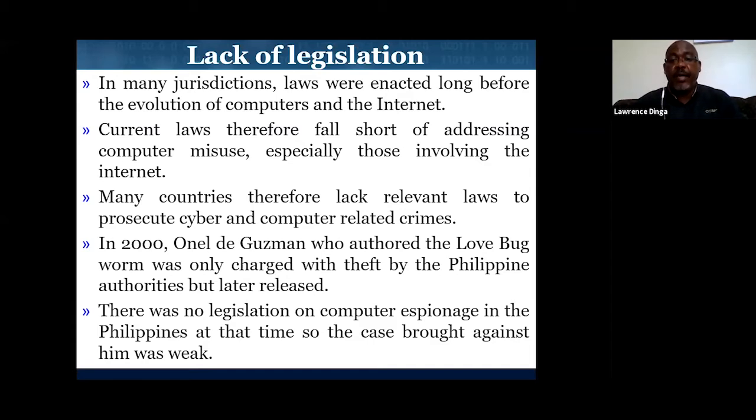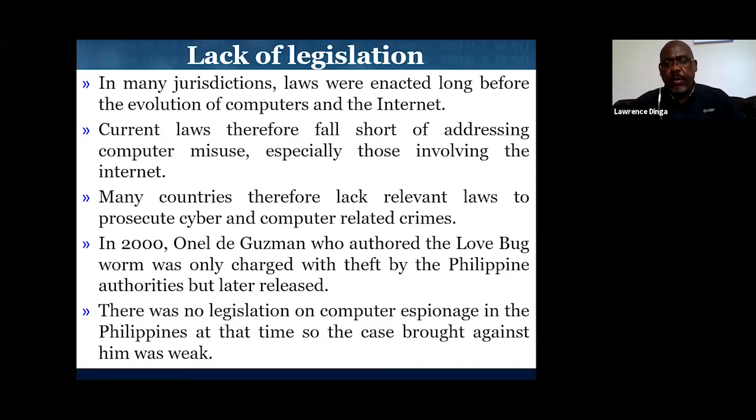So you find that many countries are grappling with this issue of cyber crime and how to collect this evidence, and they do not have the proper laws to take care of this.